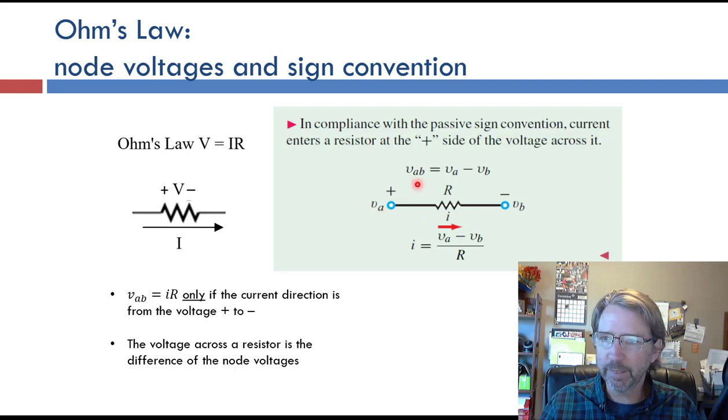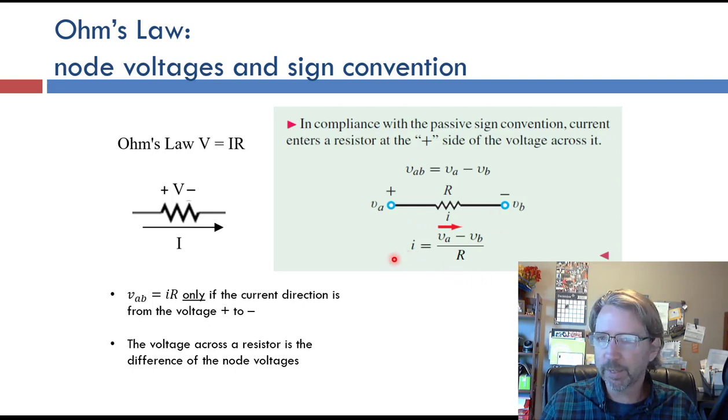So V_AB is V_A, the plus voltage, minus V_B, the minus voltage. So once we label plus and minus, so we get the Ohm's Law polarity, we know which one to subtract from the other. And we get an equation like this. This is I equals V over R, but V is the difference of the node voltages.